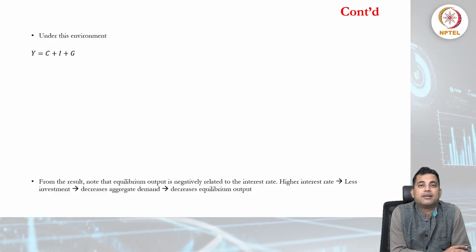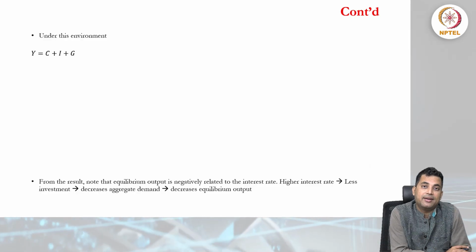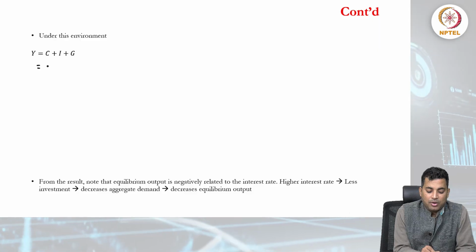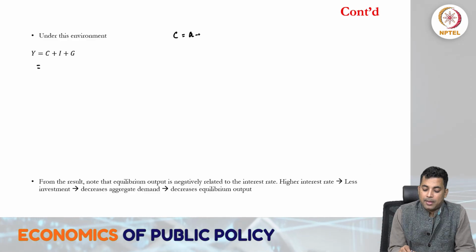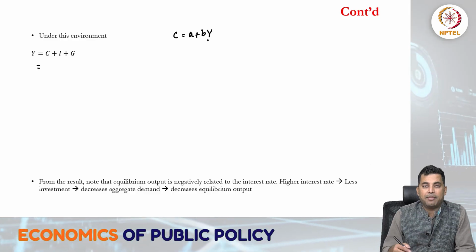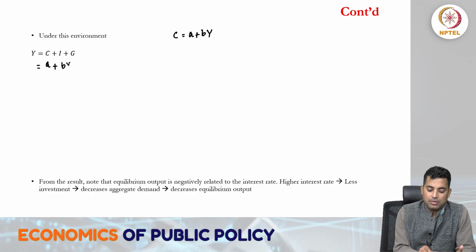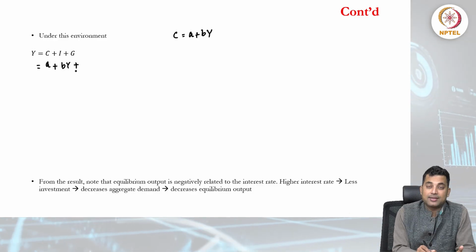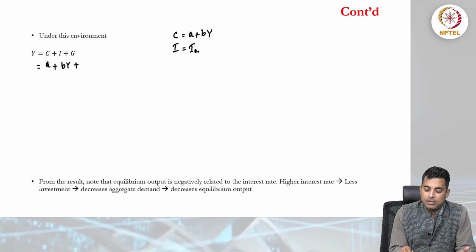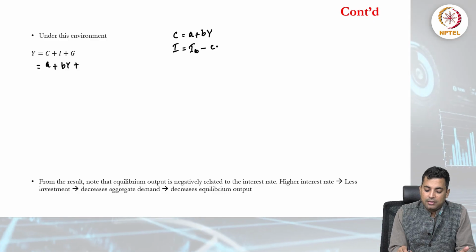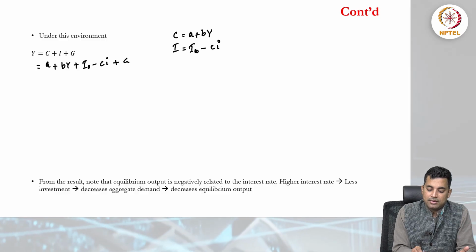It doesn't matter. Now let us understand how we can formulate the overall grand macroeconomic equation. Here small c, as we already know, C equals A plus BY, where Y is overall income, plus I. Now I is I naught, the planned investment, minus c i, plus government expenditure.